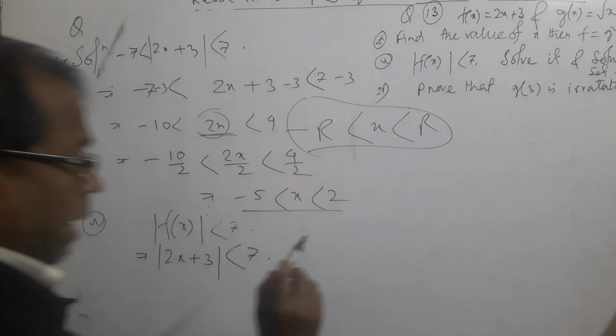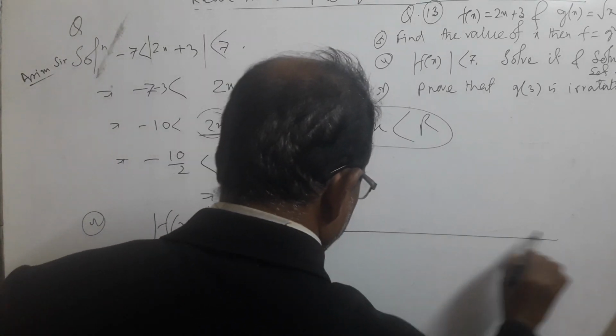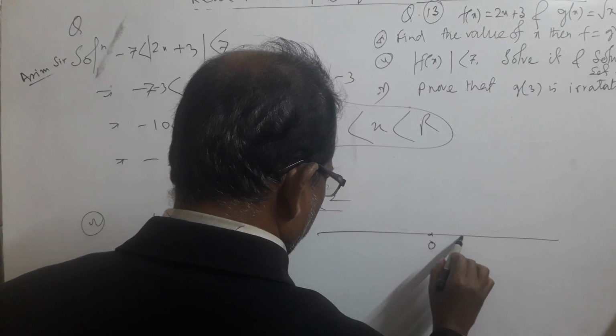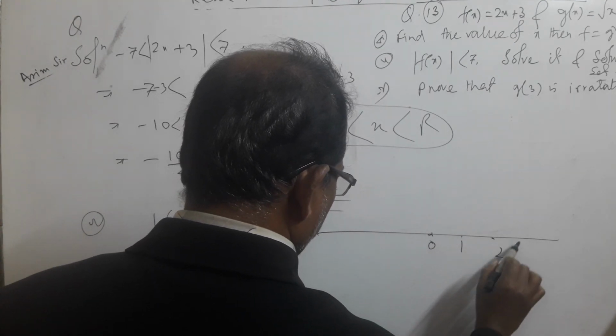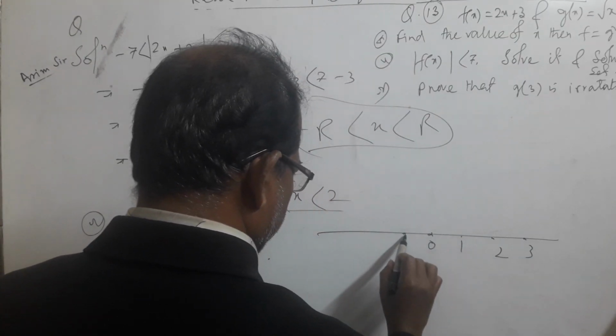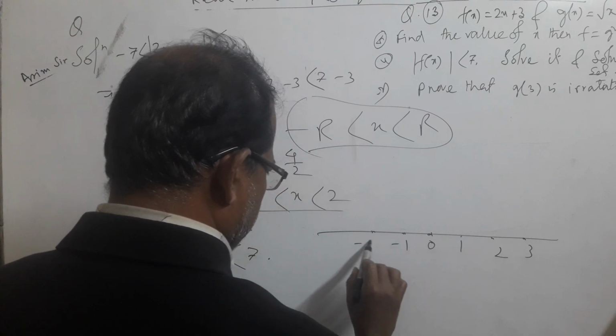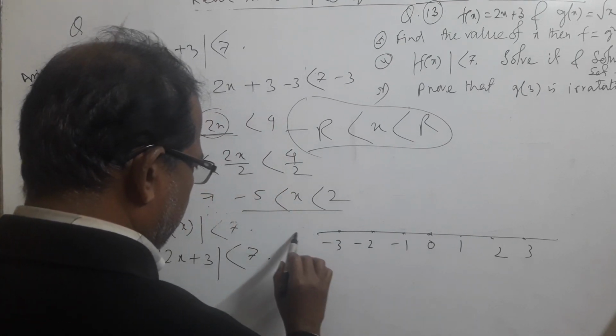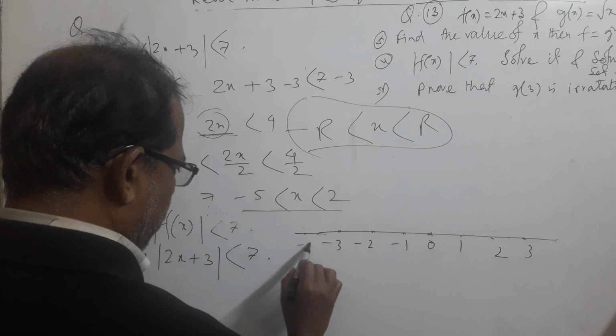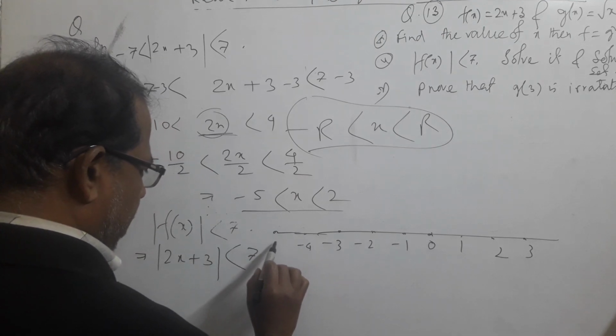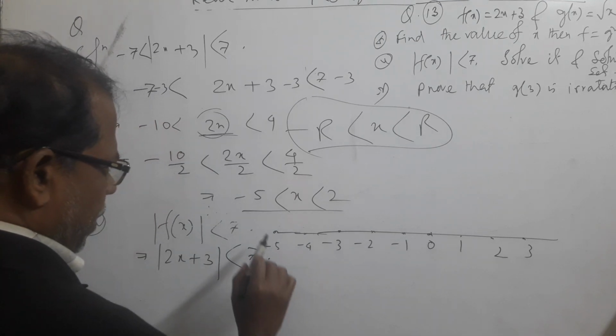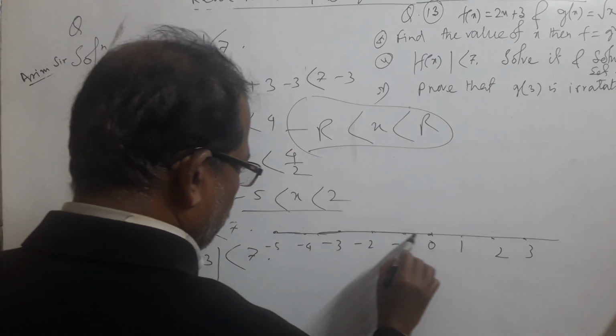Now the line graph: 0, 1, 2, 3, minus 1, minus 2, minus 3, minus 4 and minus 5. It's from minus 5 to 2.